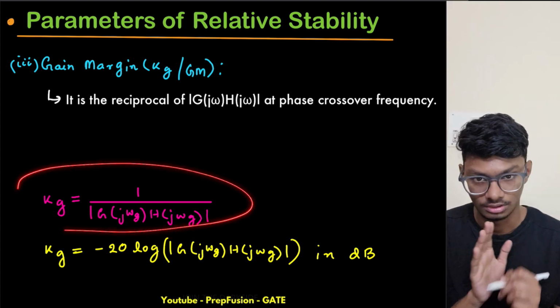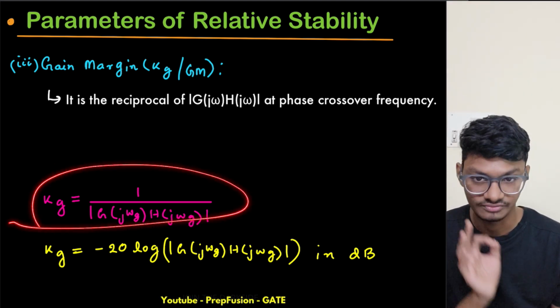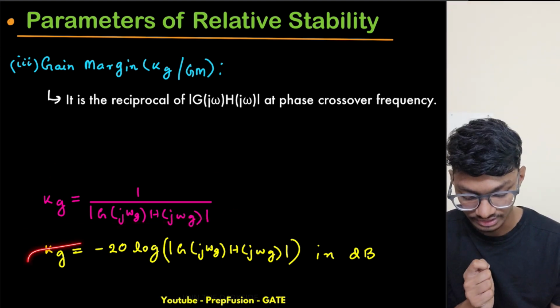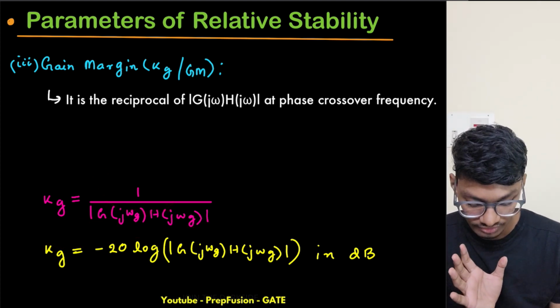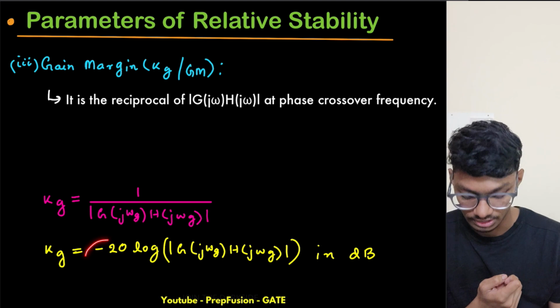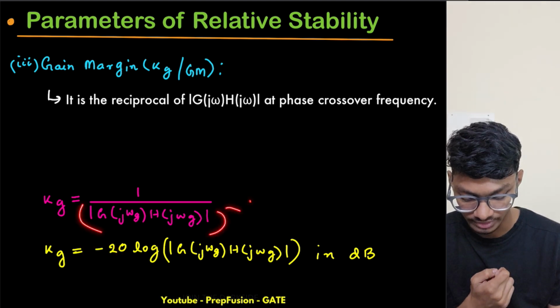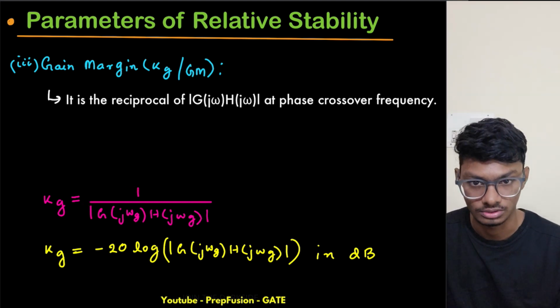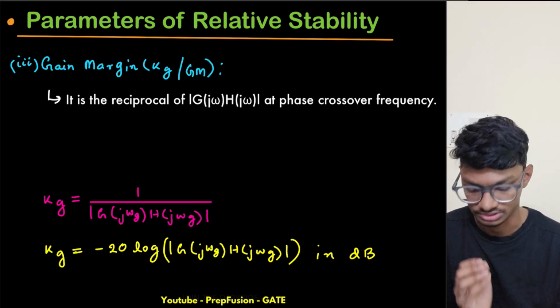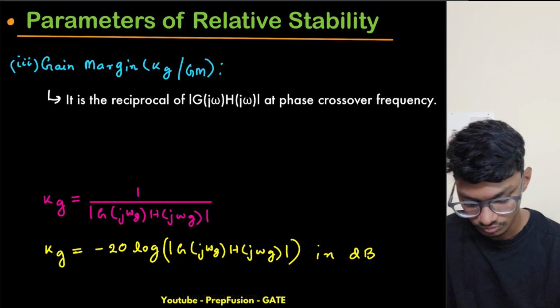In dB we simply take the log of this, and the log of a reciprocal number, if it comes in the numerator, becomes a negative sign. Basically this is to the power minus 1, so the minus 1 power comes in front of the log sign. I'm just showing you in rough.